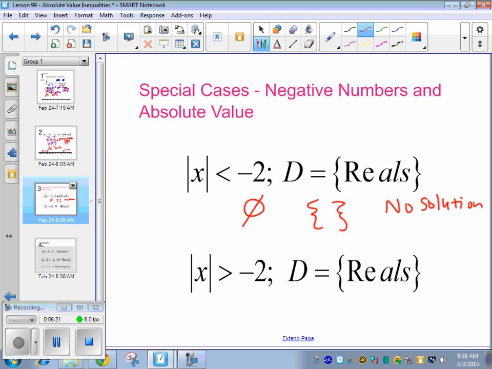How about 2? If I plug 2 in, the absolute value of 2 is 2. Is that greater than negative 2? Yeah. So is there any number that doesn't work? No. Because every positive number here has to be greater than negative 2, every single thing works. Negative 1 would work because that would become positive 1, which is greater than negative 2.